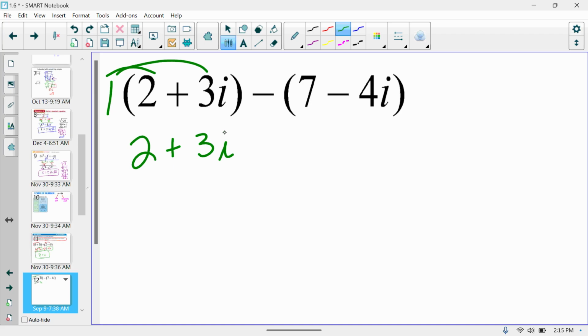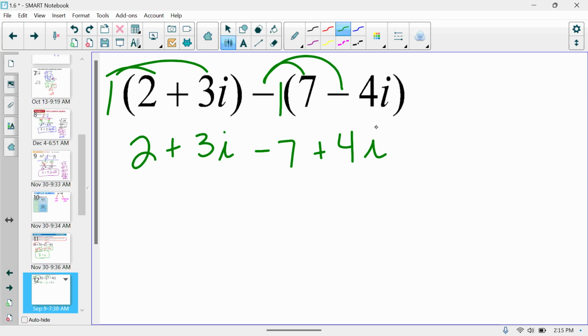But subtraction's the same as addition of the opposite. So we need to be thinking of this as a negative 1 times 7 and negative 1 times negative 4i, which is positive 4i. Like the signs are going to change in that second quantity when you're subtracting, because that's what subtraction is. It's like adding the opposite of everything.